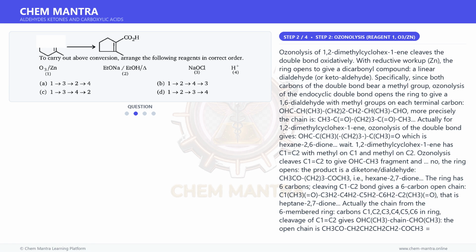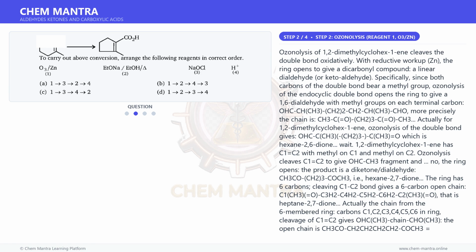Actually, in the chain from the 6-membered ring, carbons C1 through C6, cleavage of the C1=C2 double bond gives the chain CH3-CO ... CO-CH3. The open chain is CH3-CO-CH2-CH2-CH2-CH2-CO-CH3, octane-2,7-dione. Let me recount. The cyclohexene ring is C1=C2, C3, C4, C5, C6, back to C1.